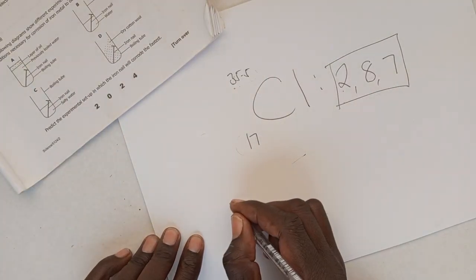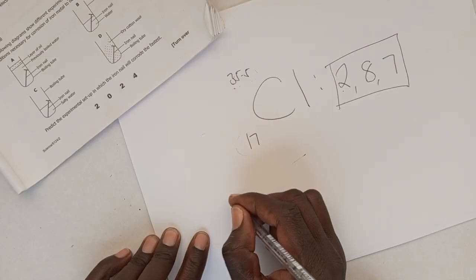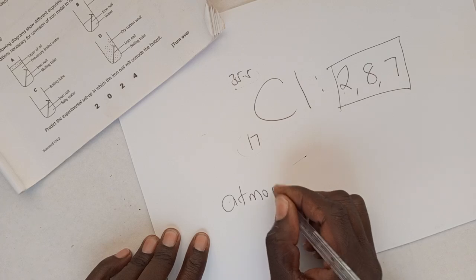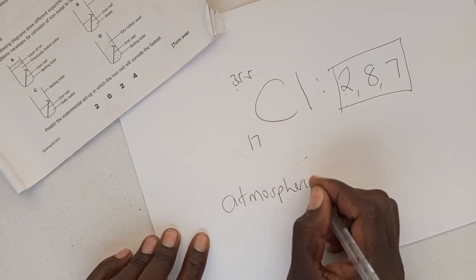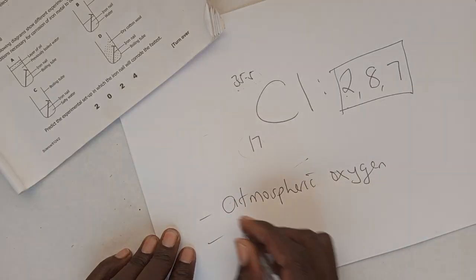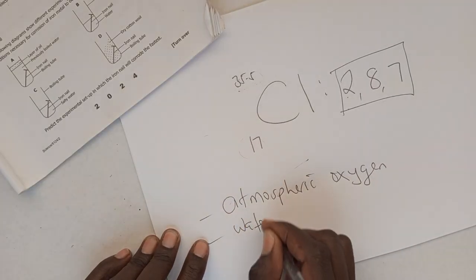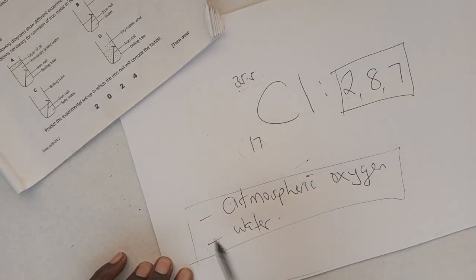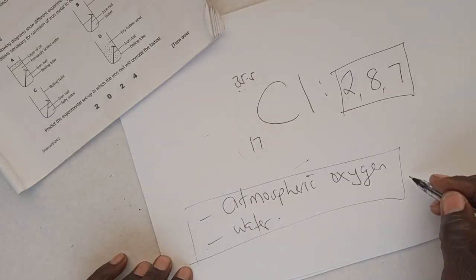Iron corrodes when there is atmospheric oxygen, and also when there is water or moisture. These are the conditions necessary for the corrosion of iron metal, to be specific.